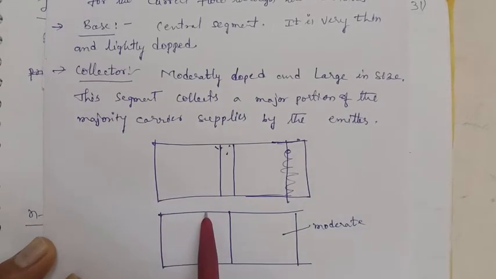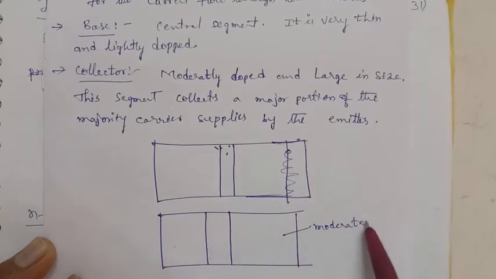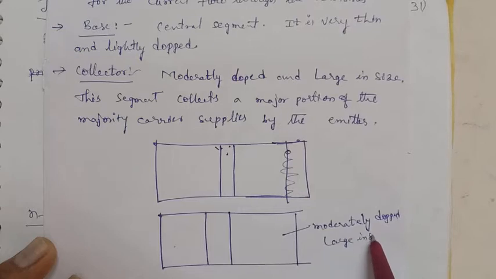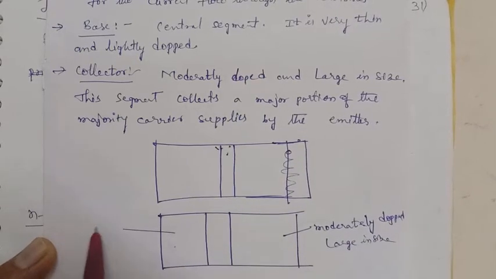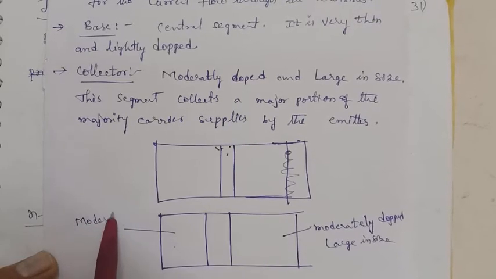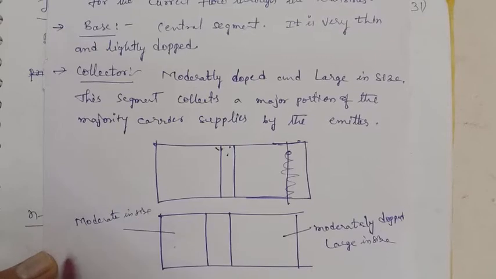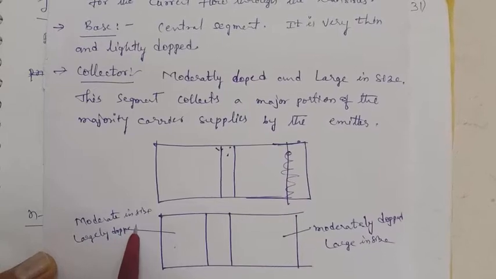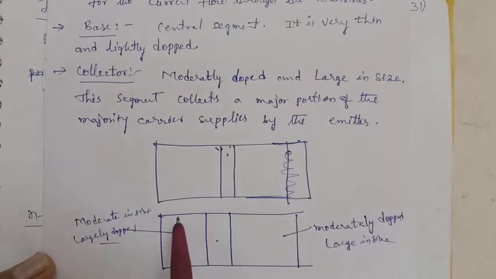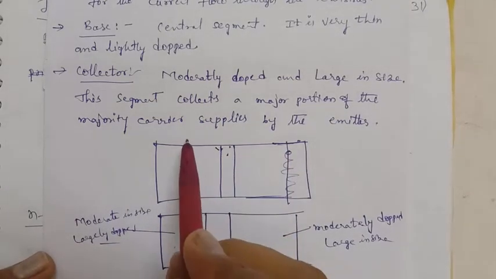Here it is moderate in size, heavily doped. And the base is very thin and lightly doped.